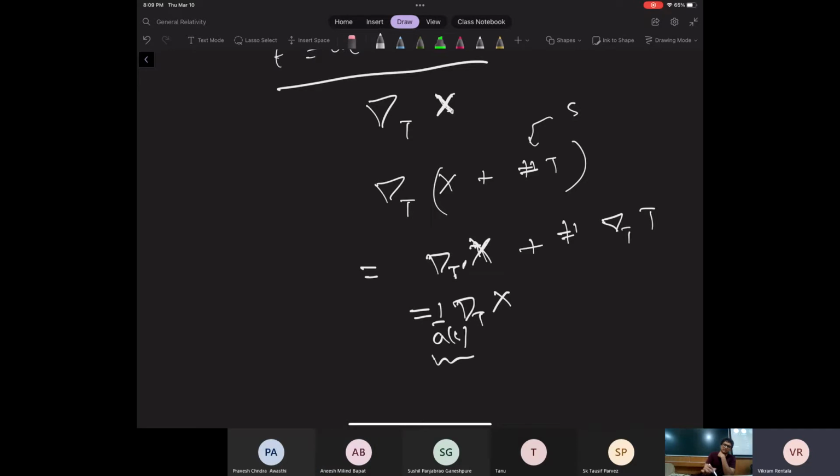What I'm saying is, this is the new deviation vector after I reparameterize. The new velocity will be related to the old velocity by some scaling, after I reparameterize. Yes, sir. Got it. Sorry, go ahead.